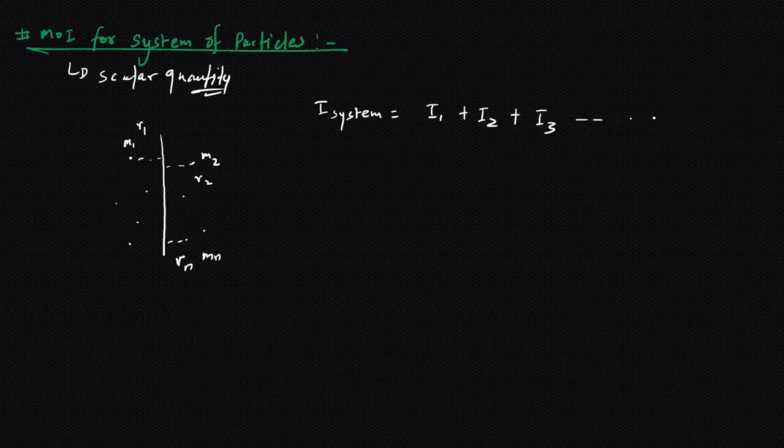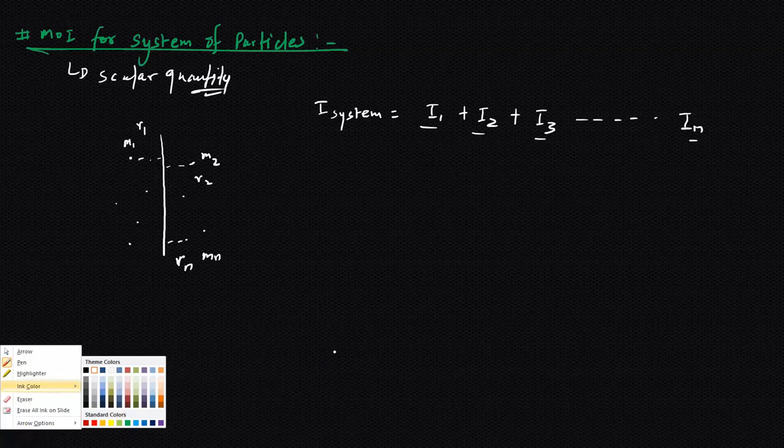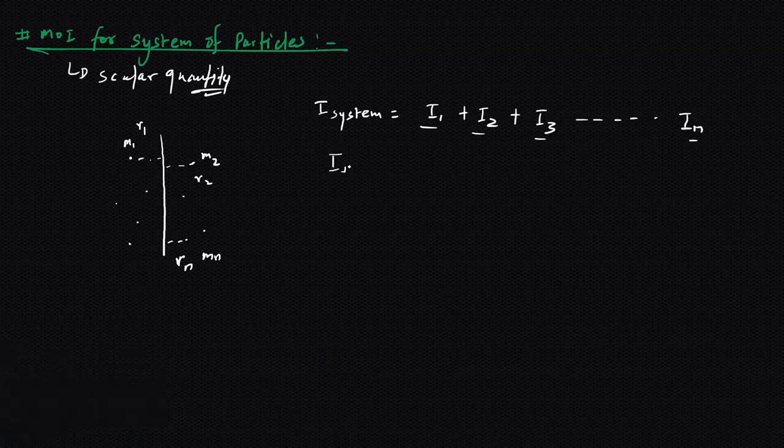So we can calculate the moment of inertia for individual particles like I1, I2, I3, I4 up to In, and we can just add them up. So I system will be equal to m1 r1 square plus m2 r2 square plus so on up to mn rn square.